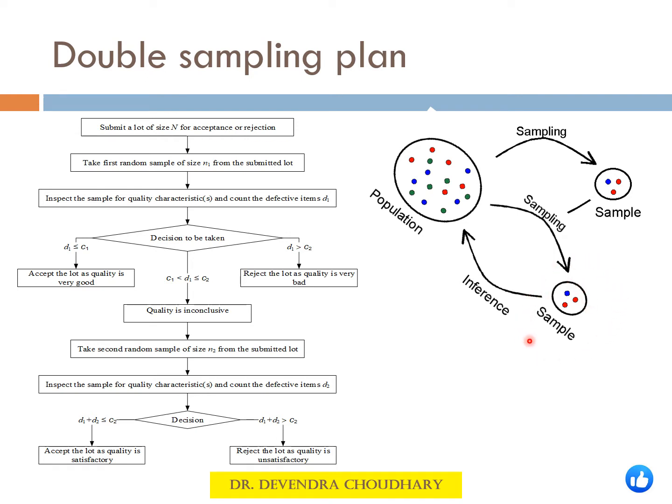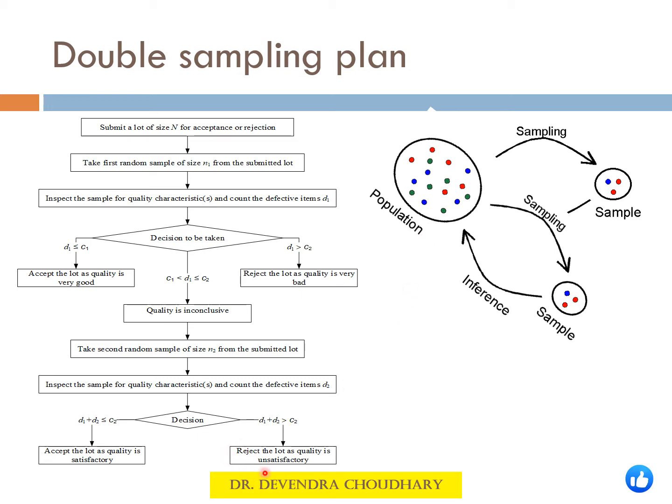After inspecting this second sample, the combined defectives found in both samples are taken into account, and if the sum of these combined defectives is less than or equal to acceptance number C2, then this lot is accepted.